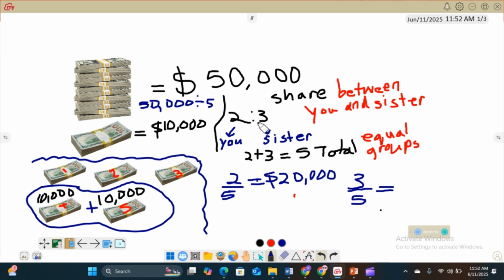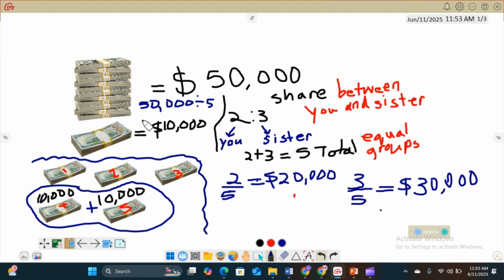So she'll be taking 3 out of the 5 equal groups, that is 1, 2, 3. So that's 10,000 plus 10,000 plus 10,000, which is equal to 30,000. And if you add 20,000 with 30,000, you'll realize that you get the same 50,000.